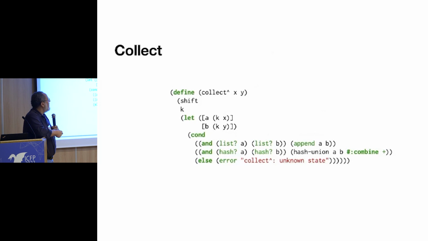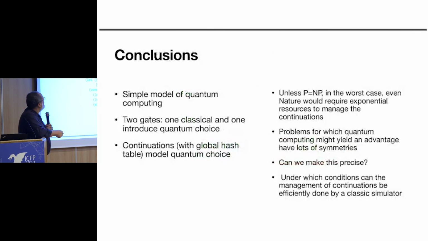When you see the same continuation, you combine the weights by plus, and you can get the results you want this way. So that's it. And here is the shift, just a continuation. Then you make the two choices and collect them either in the list or by combining. So this is the non-observable one, and this is the quantum one. Okay, so that's the technical part.